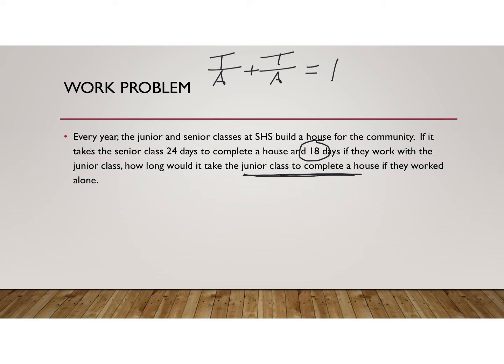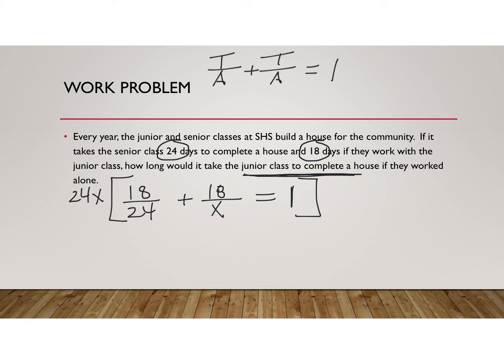And the senior class's alone time was 24. So setting this equation up, I'd have 18 over 24 plus 18 over x, and that's going to equal 1, which is the number of jobs I'm doing. I'm doing one complete full job. Solving this rational equation, I'm going to multiply by its common denominator, which is 24x, and that would give me 18x.